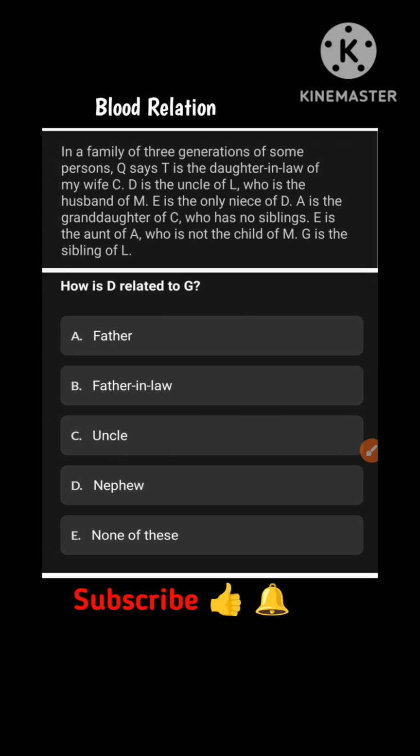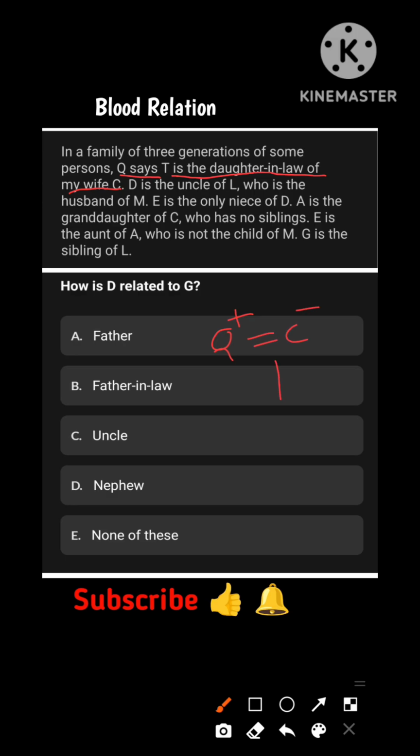Next question. Q says T is the daughter-in-law of my wife C. So Q is the husband of C, and his daughter-in-law is T. Next one.